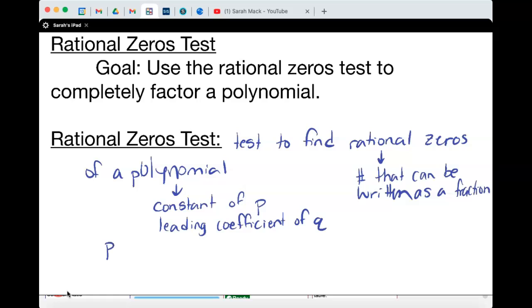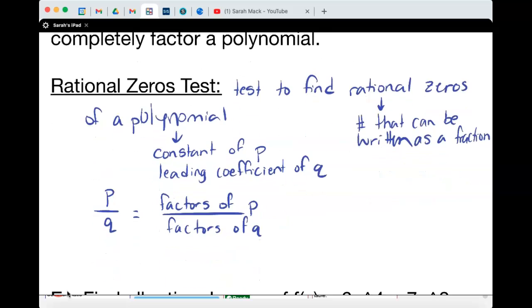I can divide the constant by the leading coefficient, and we're finding all the factors of p divided by the factors of q. So we're going to create this list, and then we're going to start guessing and checking. We'll do an example that explains this whole p over q situation, and we'll do synthetic division with it.